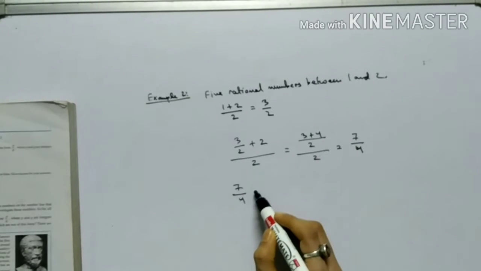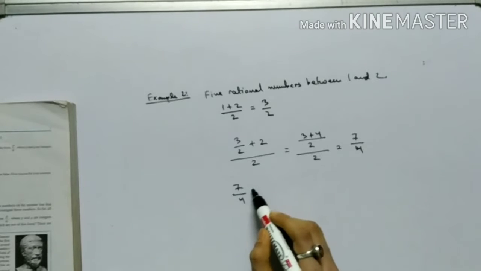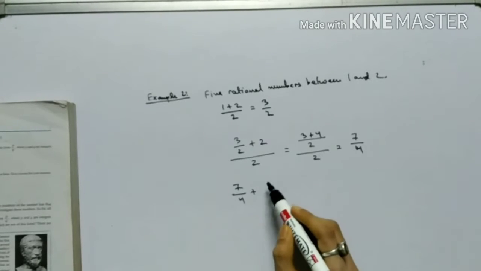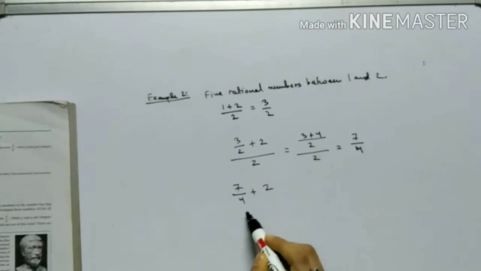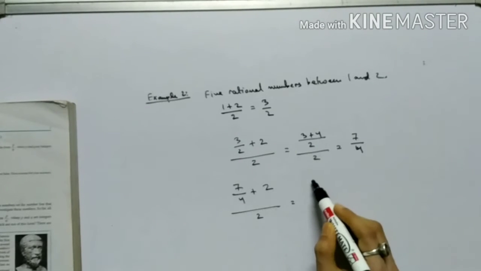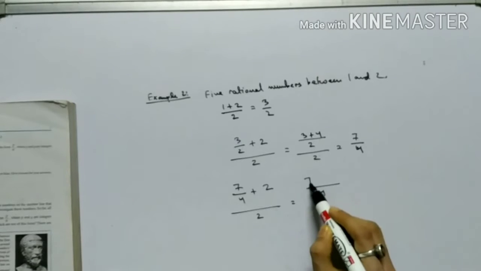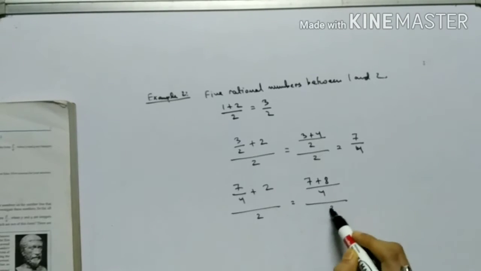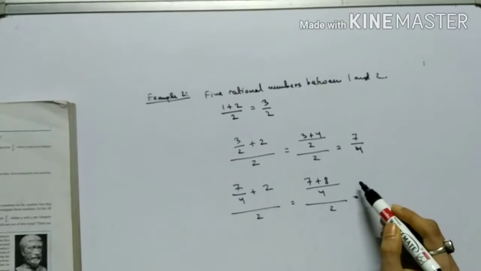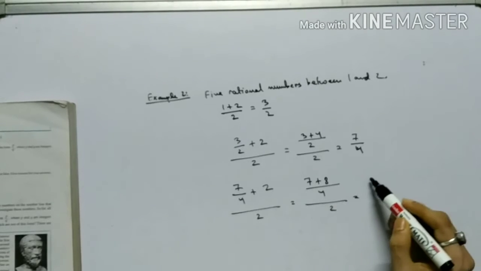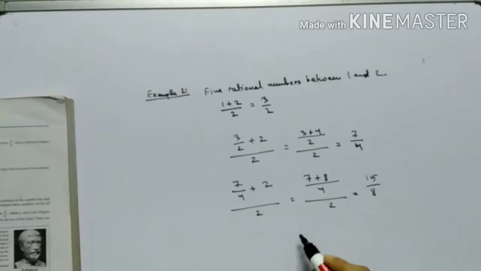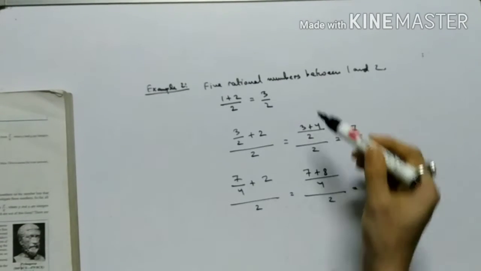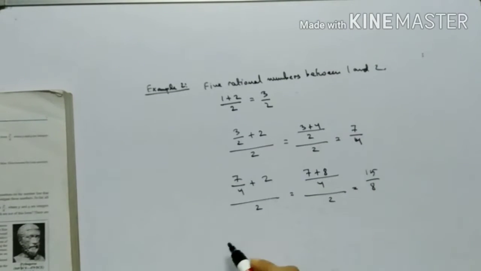Again 7 by 4 plus 2 by 2 I can do. 7 plus 8 by 2, 7 plus 8 I will get 15. 15 by 8.